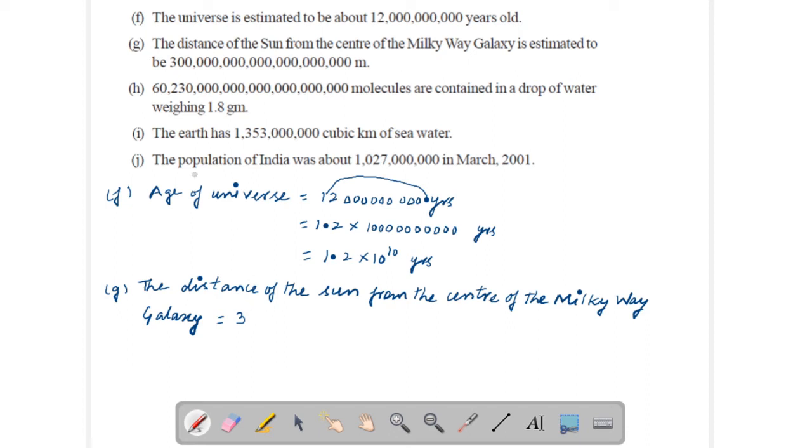See how many zeros are there? 1, 2, 3 up to 20.